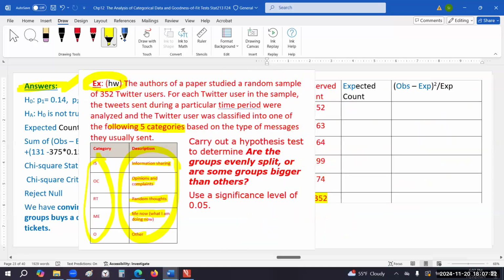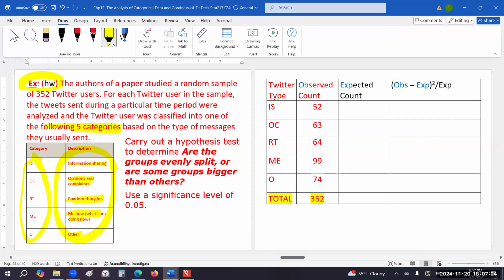So look at the information given to us. They just gave us the observed count and then the 5 categories. Category 1, 2, 3, 4, 5. So how do we find the expected count?